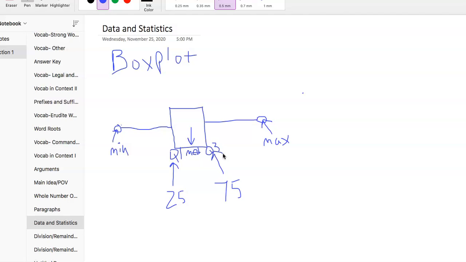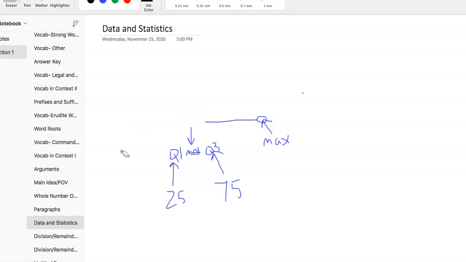Okay, so those are the 5 things that we have within the box plot. It's the minimum, Q1, or you could also call it first quartile, median, Q3 or third quartile, and max, right? And that's what makes up the box plot. So it's really just a distribution of data.